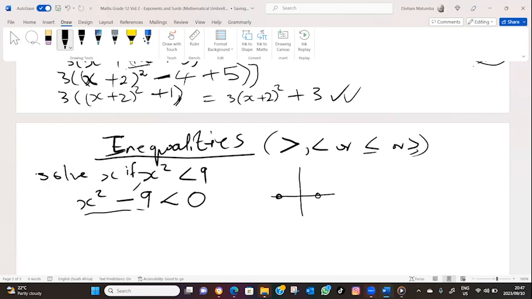If it was less than or equal to, I would put a dotted solution.